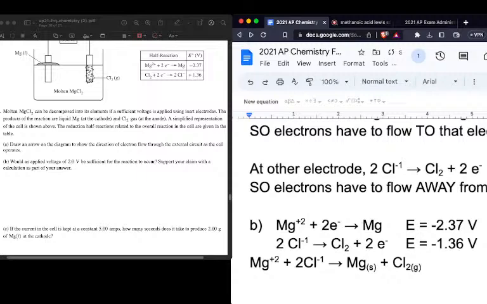Nice. Now this is where you could have written MgCl2, I guess. And in fact, because they said it was molten, I probably just will. There is our overall reaction with the magnesium chloride breaking apart.